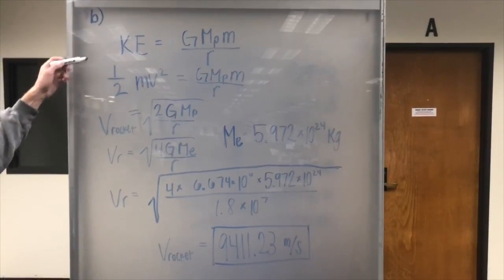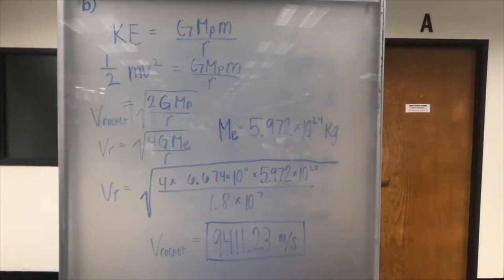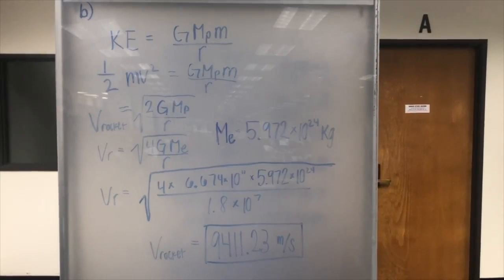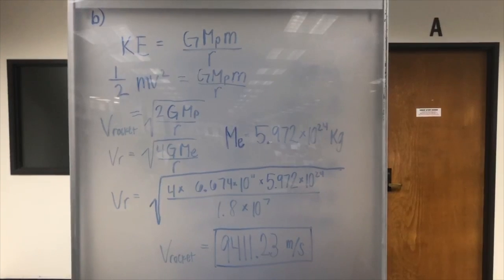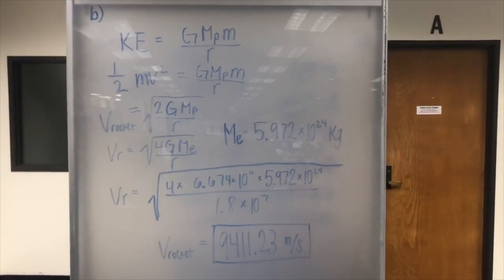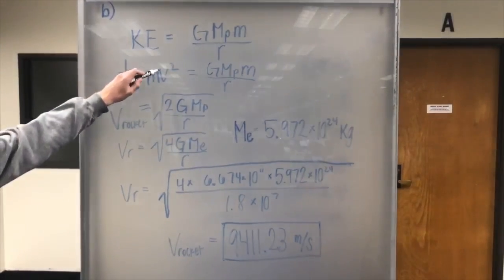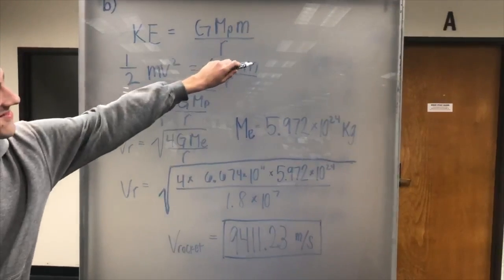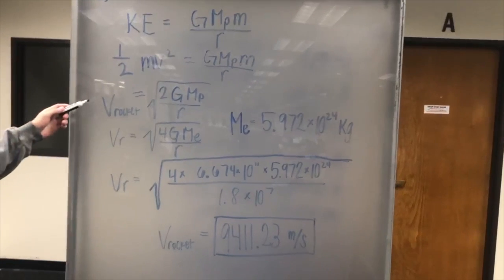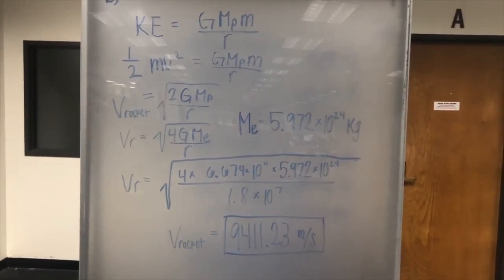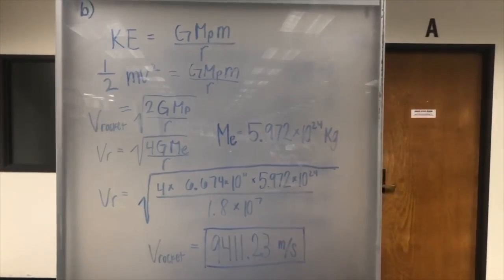To find the velocity of the rocket, we will use the formula: energy of the rocket equals gravitational constant times mass of planet times mass of rocket over the radius of the planet. Now the mass of the rocket will cancel out, and we solve for the velocity of the rocket. V equals the square root of 2 times big G times mass of planet over the radius of the planet.